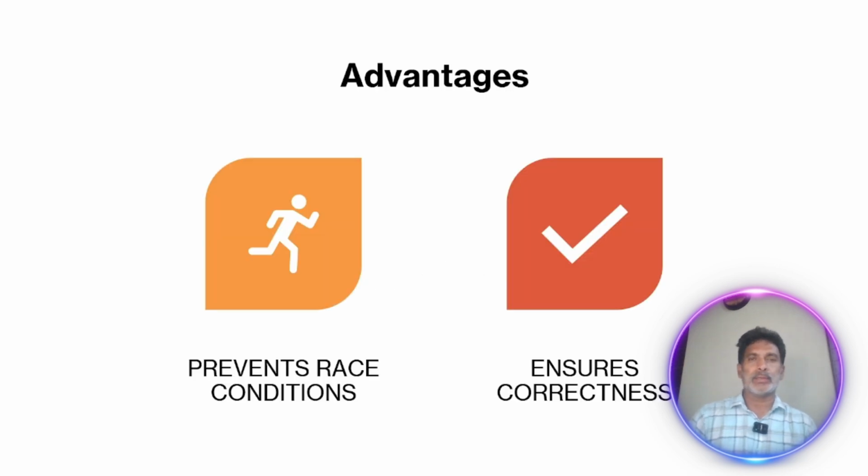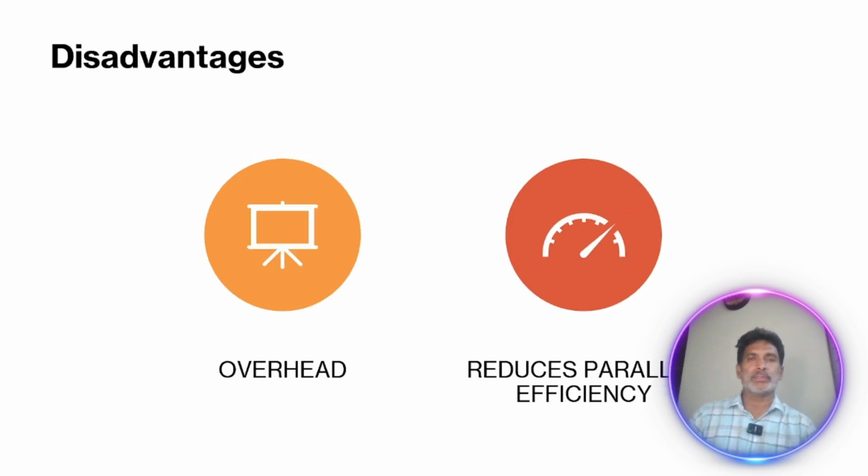And let us look at the advantages here. Synchronization prevents race conditions, ensures correctness, and maintains consistency. And if you look at the disadvantages, too much synchronization reduces performance and limits parallelism.